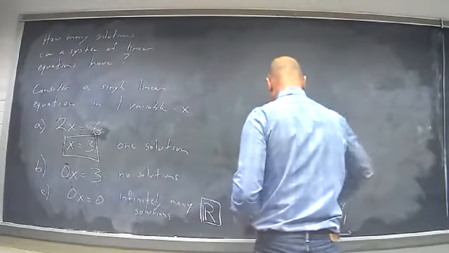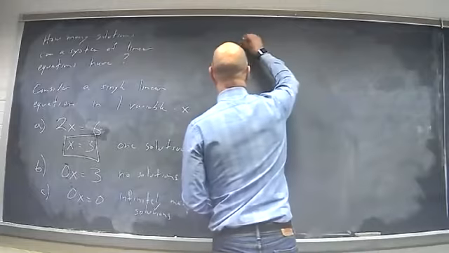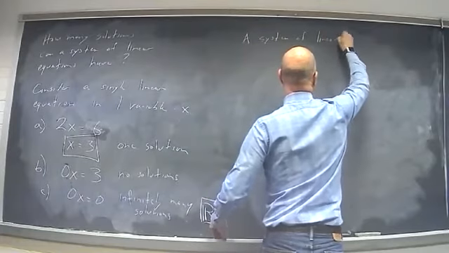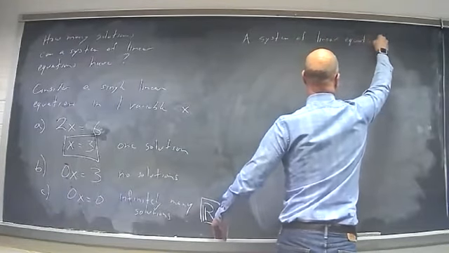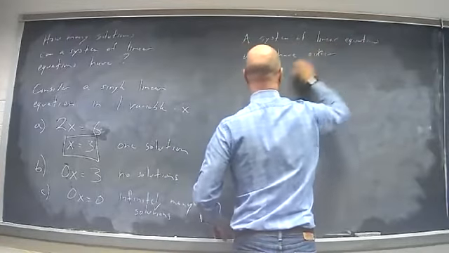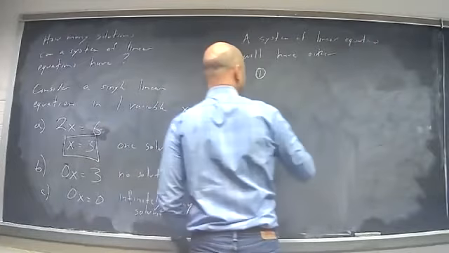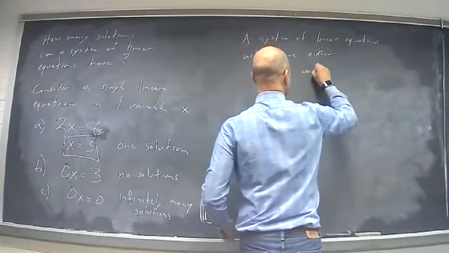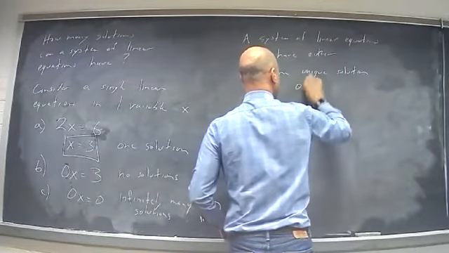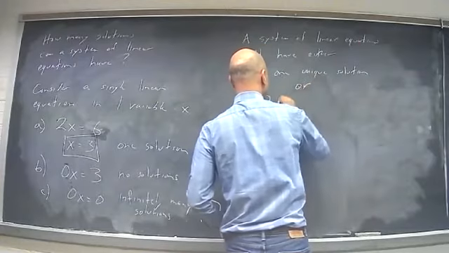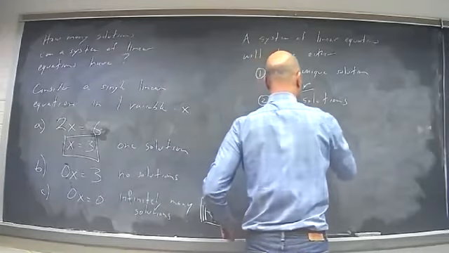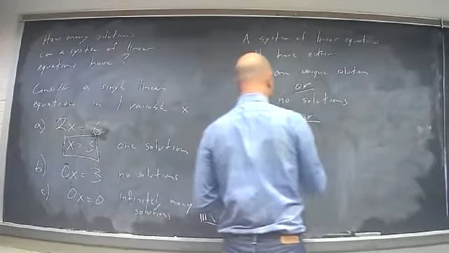So a system of linear equations will have either one solution, so one unique solution, or no solutions, or infinitely many solutions.